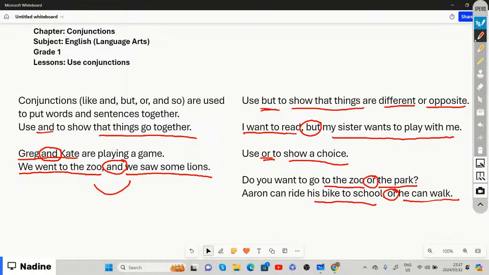You either have a choice to bully others or you have the choice to not do that. So you basically have the choice. That is what the conjunction or means.